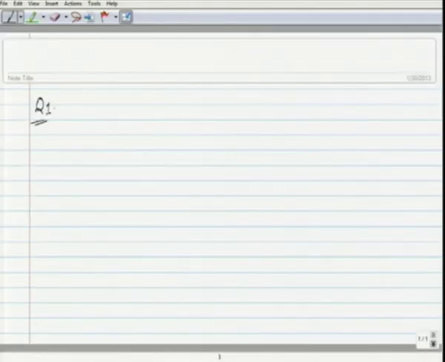Okay. So, the first question is as follows. Question 1, it is a very simple question. Let us try to look at a contour integral. Okay. So, a very simple contour integral.